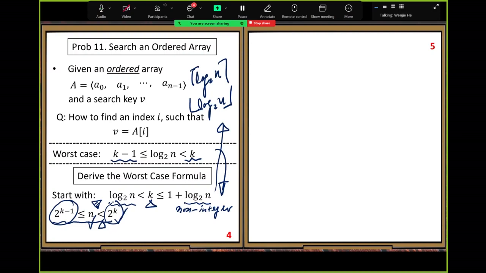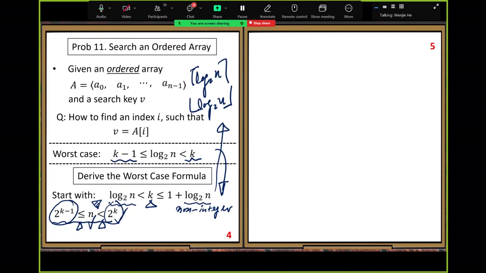Now, on the left-hand side, there is an equal sign: less than or equal. That means we cannot increase the lower bound, because it has the equal possibility.